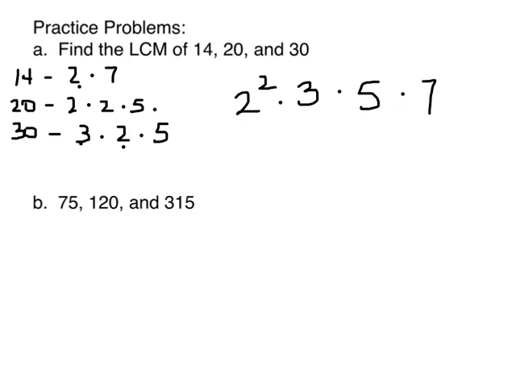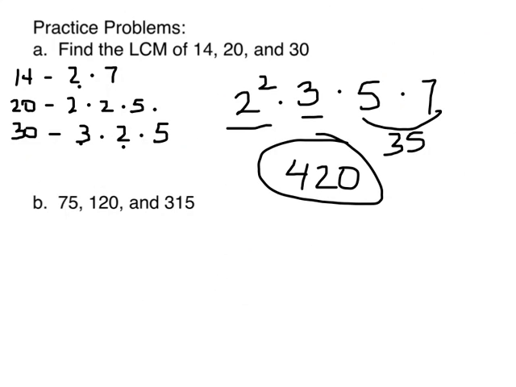So here I've got 5 times 7 is 35, and 35 times 4 is 140, and 140 times 3 is 420, would be the least common multiple.